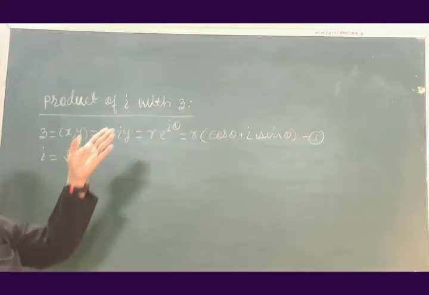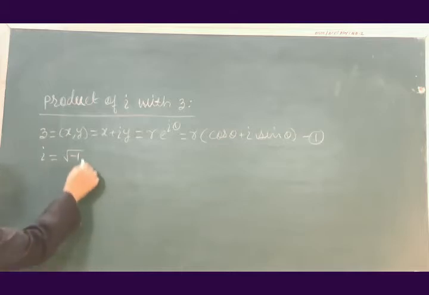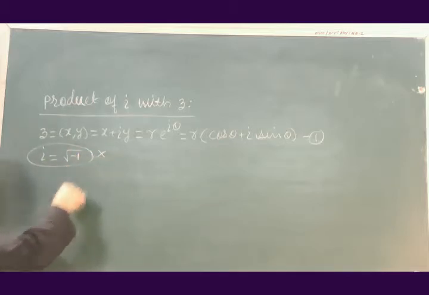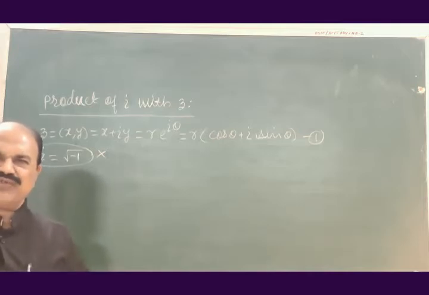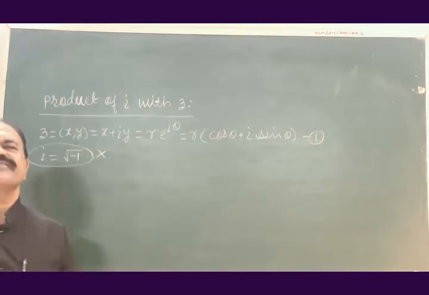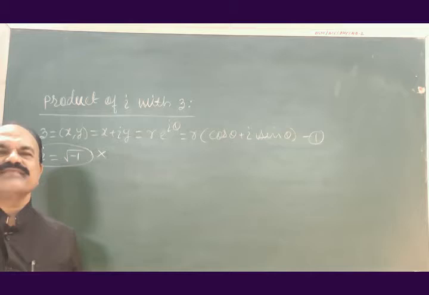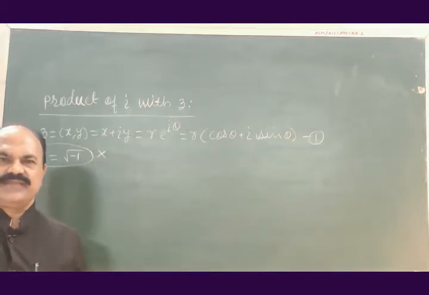When we are dealing with this article, we don't want to use the value of i as square root of minus 1. If we use it, it will be simply square root of minus 1 into z, which is meaningless.